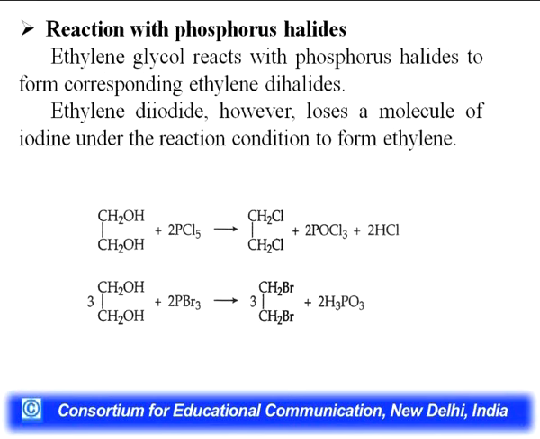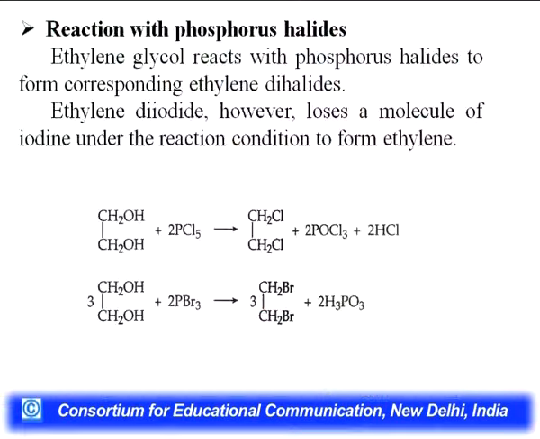Next reaction is with phosphorus halide. Here we are taking two, phosphorus pentachloride and phosphorus tribromide. Ethylene glycol reacts with phosphorus halide to form the corresponding ethylene dihalides. Ethylene diiodide, however, loses a molecule of iodine under the reaction condition to form ethylene.